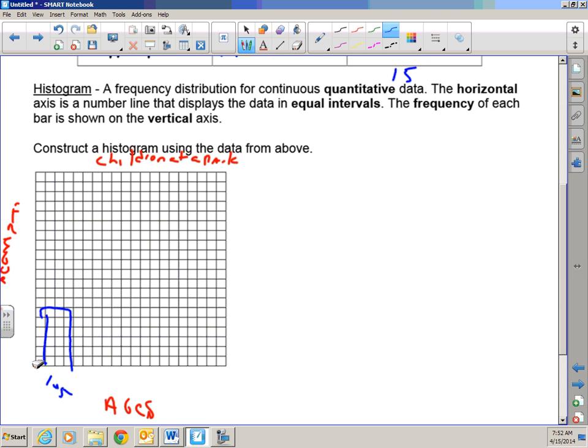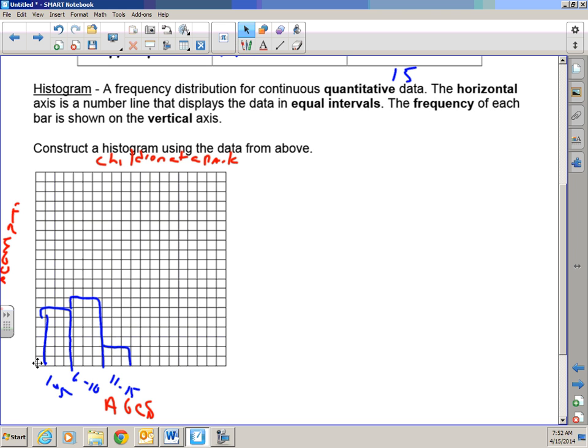Now the other thing, your bars have to be connected. 6 to 10 and 11 to 15. You can't have any space between your bars. It's not a bar graph, it's a histogram.